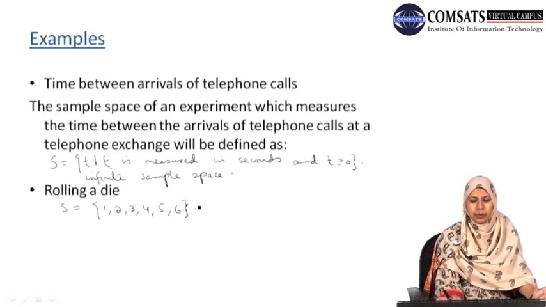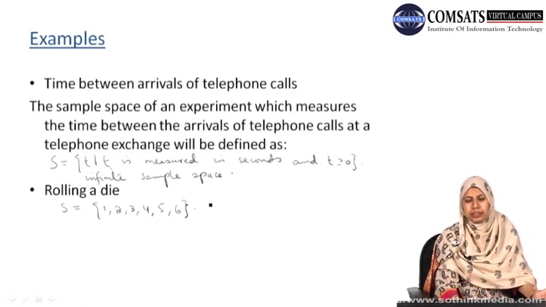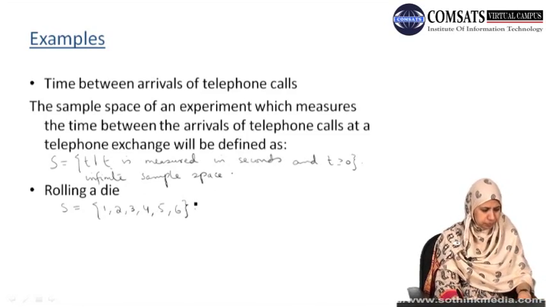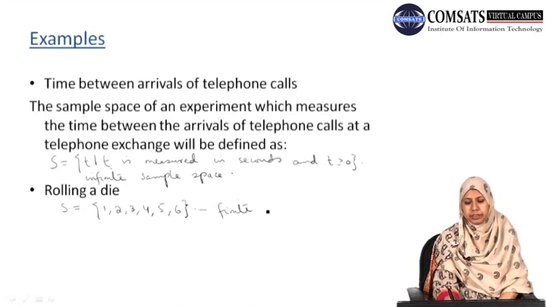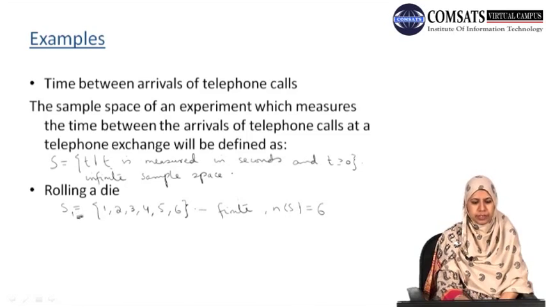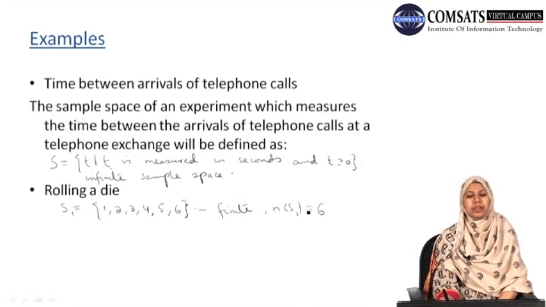So when we roll a die once, the outcome may be any one of these 6 outcomes. So this is an example of a finite sample space with the size of the sample space equal to 6. We may call the sample space S1.